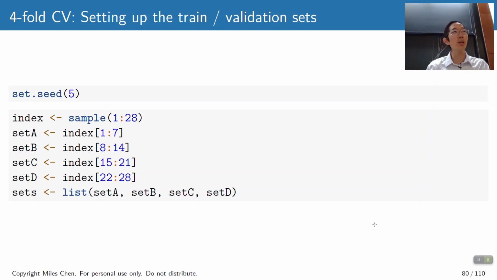I'm doing this manually, and I want to say that in real life, we would not do this manually. If you're taking my class 101C, I show you packages and functions that will do this cross-validation and k-fold business for you automatically.